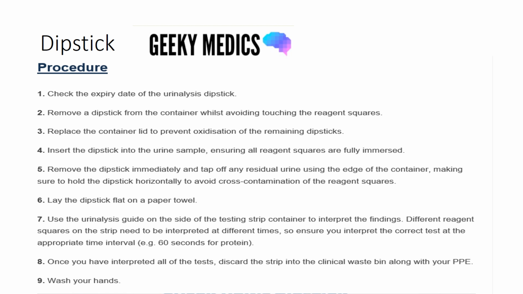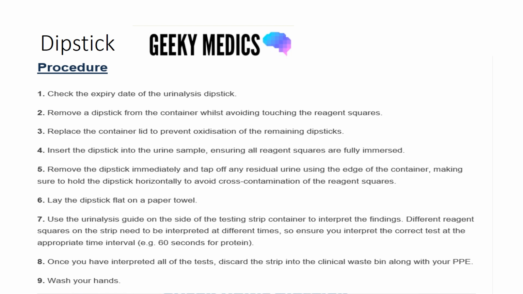But in summary, we are urged to make sure that before using the dipsticks that have been well stored, as discussed in the previous slide, we check the expiry date of the dipsticks, and then maintain the integrity of the remaining dipsticks in the container by making sure that we close the airtight container. And then when inserting the dipstick into the urine specimen, do it in one movement, making sure that all the reagent strips are immersed.